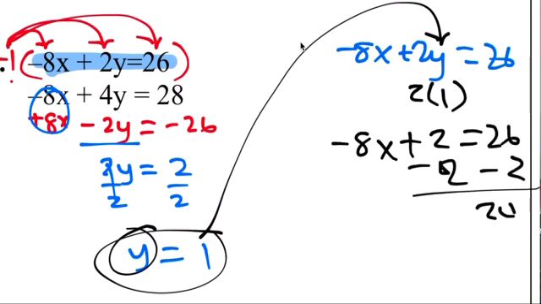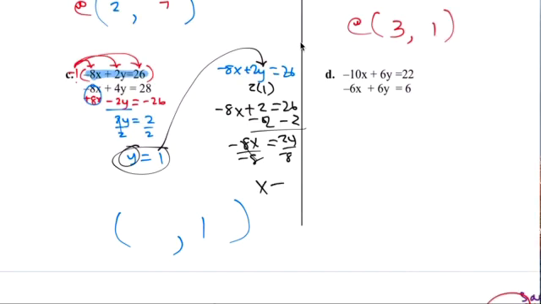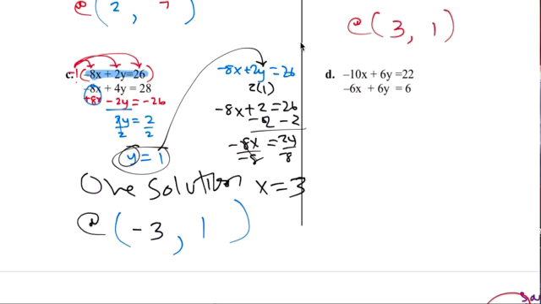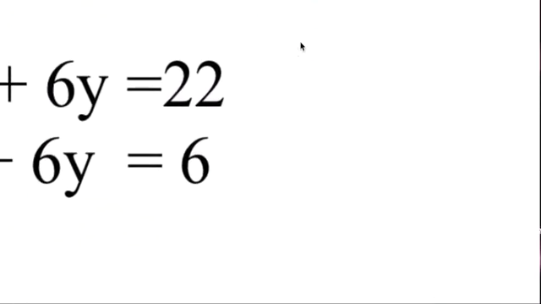We get 24 equals -8x. Divide by -8. X is -3. So your answer is one solution. They meet at -3, 1.